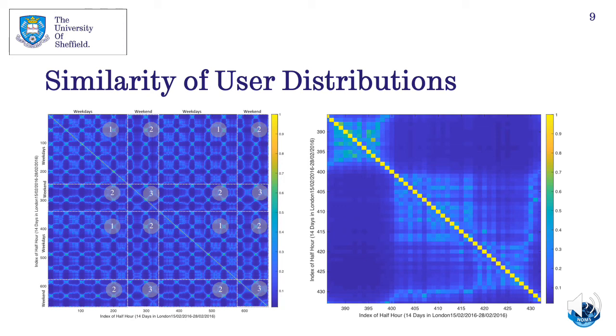And then we can find that one week compared with another week, like this one, also has high similarity, but not as high as itself. And then in one day, different hours in one day: first, this block shows the nighttime. During nighttime, surely it's high, because users are sleeping.